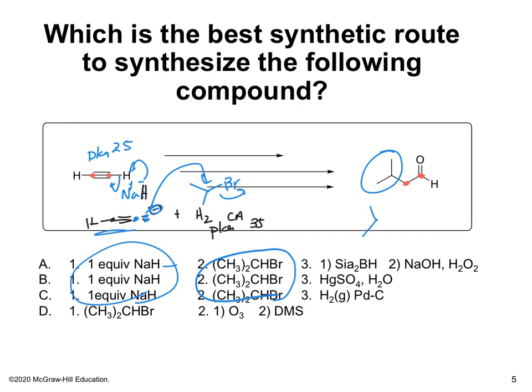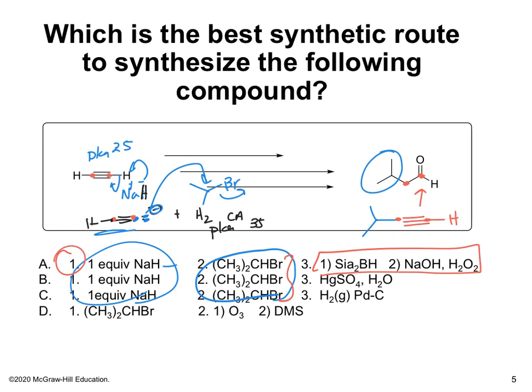What is your product then? This is a carbon, there's a carbon. 1, 2, 3. All right, so this is the precursor after these. And then how do you get an aldehyde? Hopefully you know that this would be how to get an aldehyde through the enol. So A would be your answer.